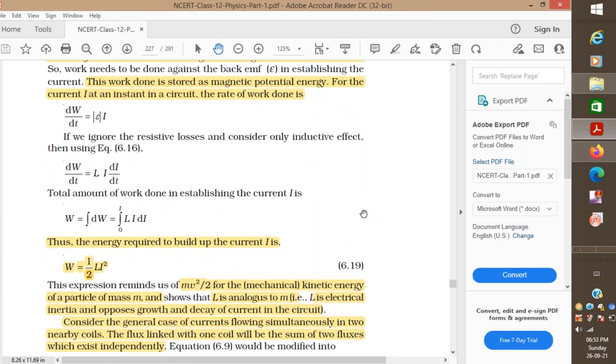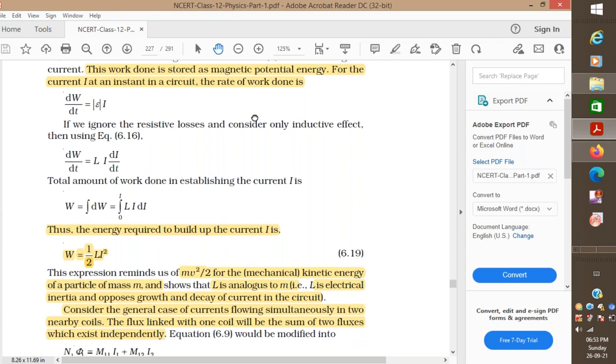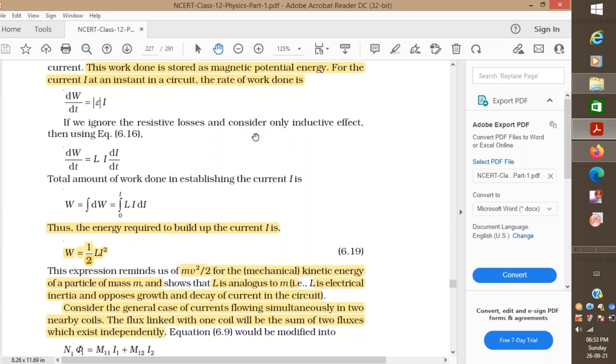That means self-inductance gives the inertia because it is opposing the change in the current in the circuit. That's why it is called inertia in electric circuit. To overcome that inertia, you have to do certain work, and that work done will be stored as magnetic potential energy in any current carrying circuit or loop where there is an inductor.